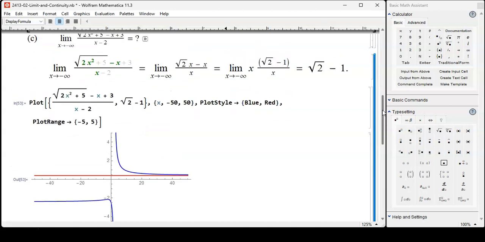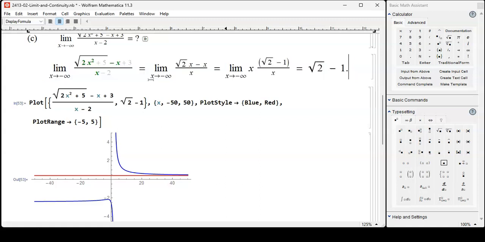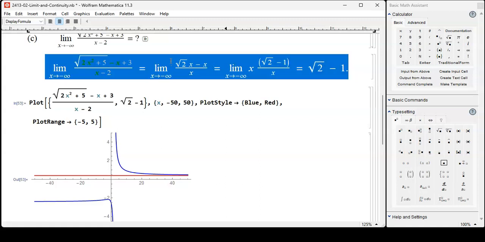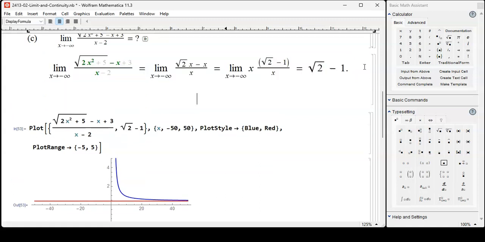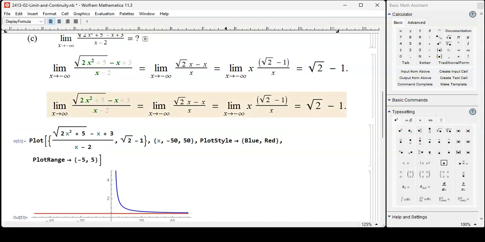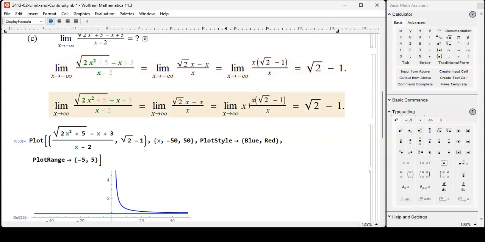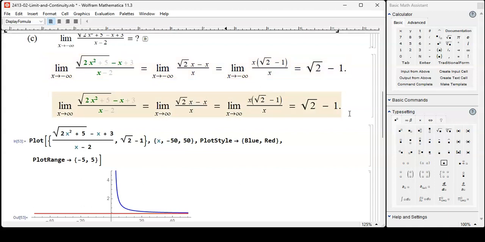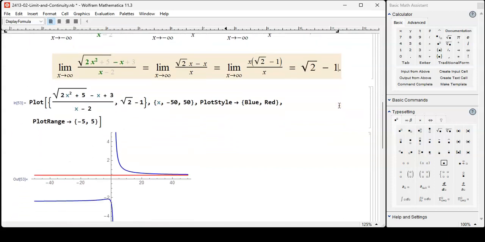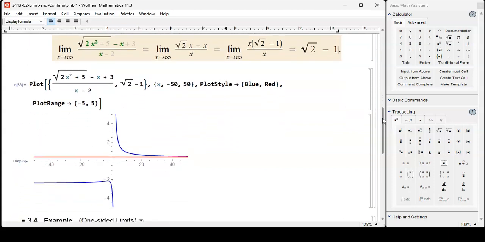Well, if the problem had been x going to positive infinity, just positive infinity, and all those crossings, all those simplifications, and then got square root of 2 minus 1, it would have been right, and you can see that graphical behavior here.